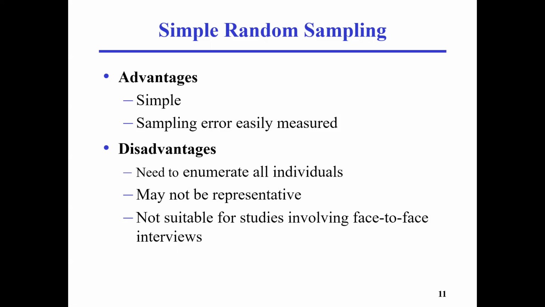So you may accidentally pick a group of people with some common features and accidentally ignore or filter out other people with another specific type of feature. You cannot know that, but it's possible to happen. And it is not suitable for studies involving face-to-face interviews.